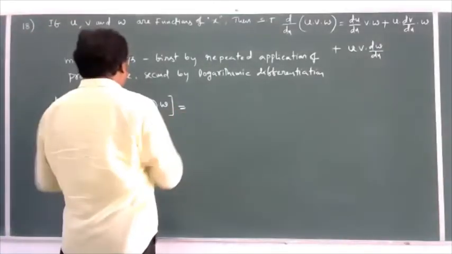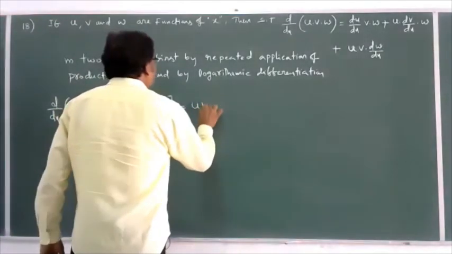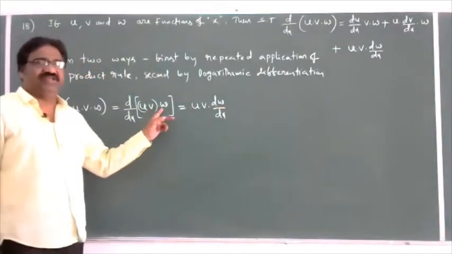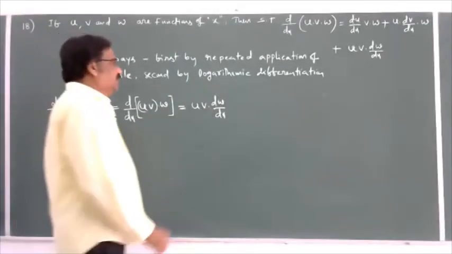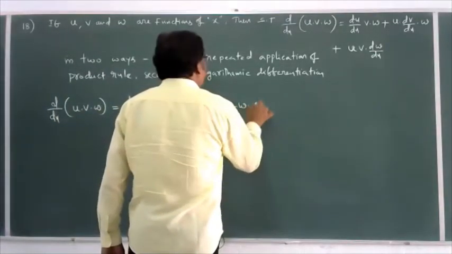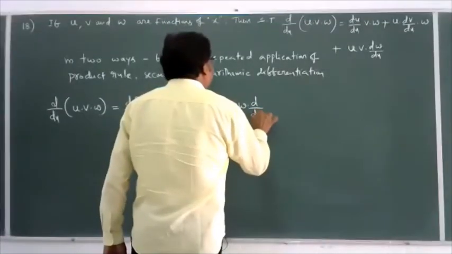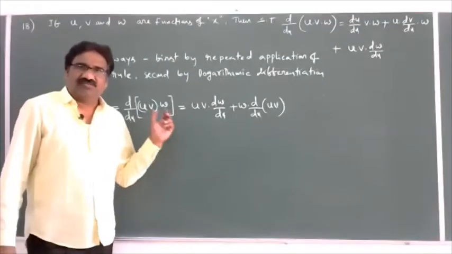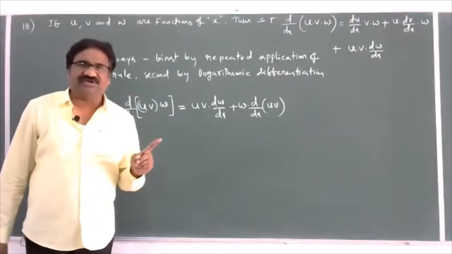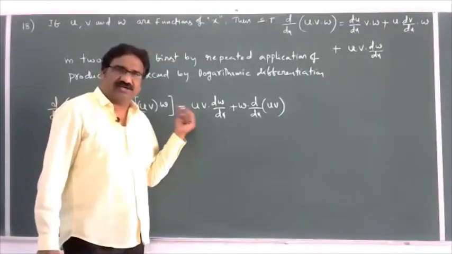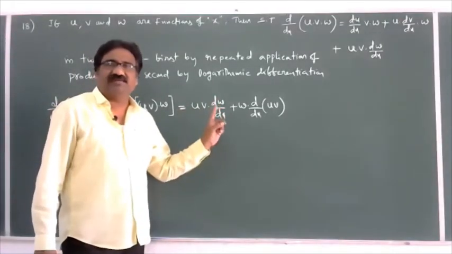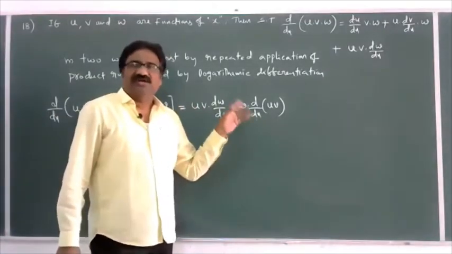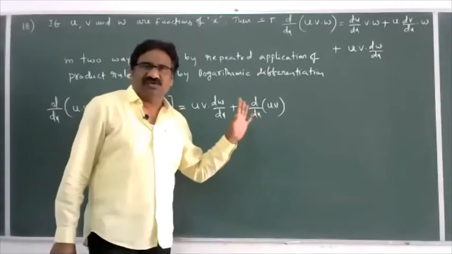So by using the product rule here, first function uv into dw by dx, the derivative of w, plus second function w into d by dx of uv.